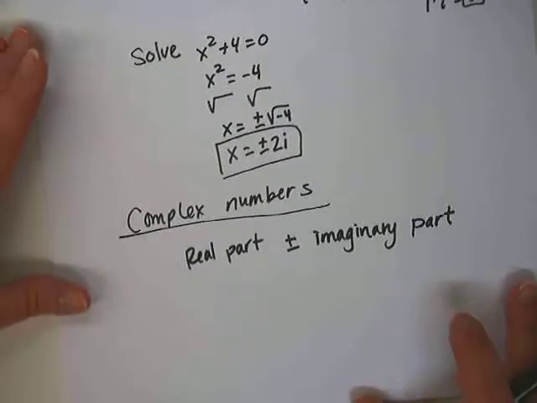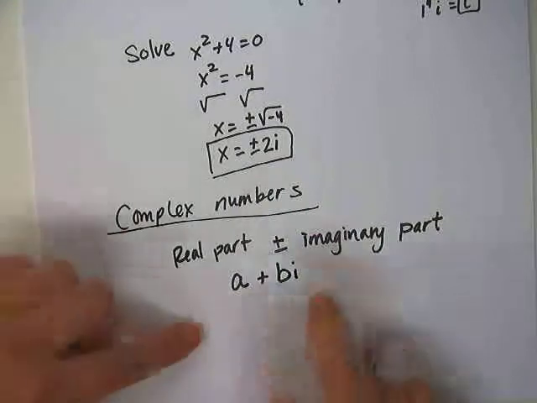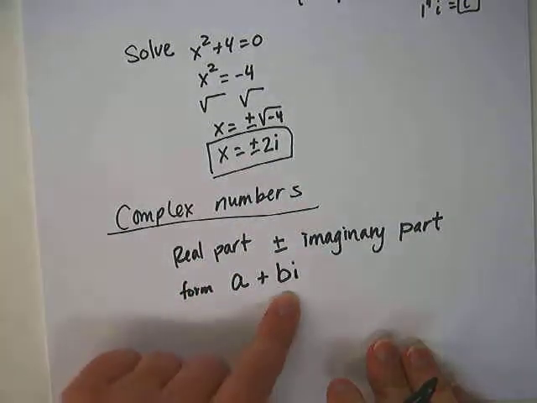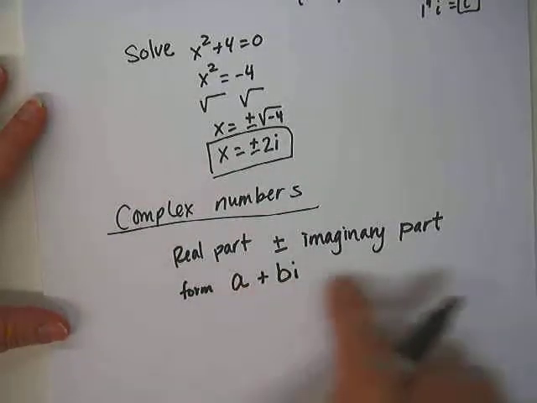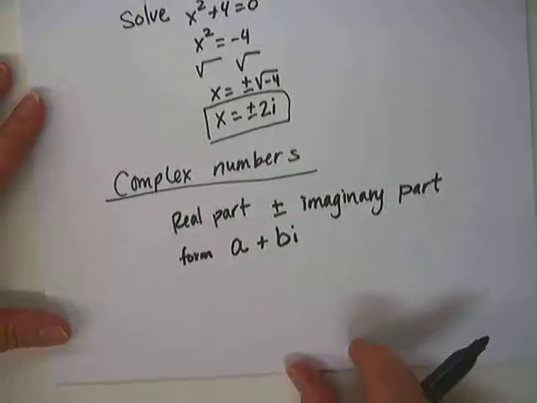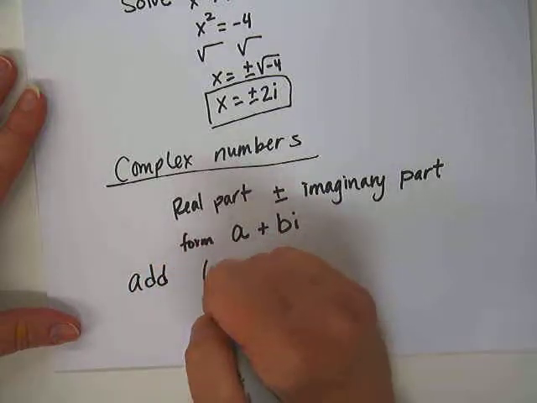Okay, it still can be written as a complex number. Alright, so here's some complex numbers. Typically we write it in this form, a plus bi, where a is the real part of the number and b is the imaginary part of the number accompanied with an i. Notice how there's never an i squared, i cubed, i to the 4th, it's always just i.